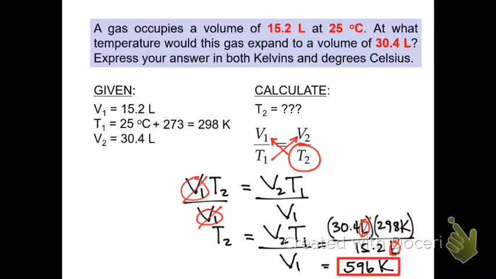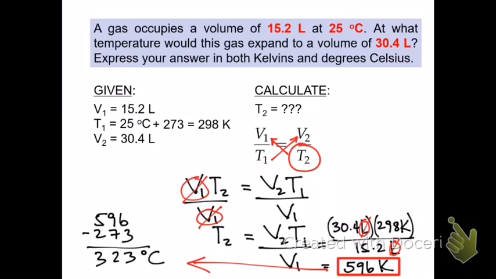All right, and so to convert this to degrees Celsius, all you have to do is subtract 273. Right, so 596 minus 273. And we get 323 degrees Celsius.